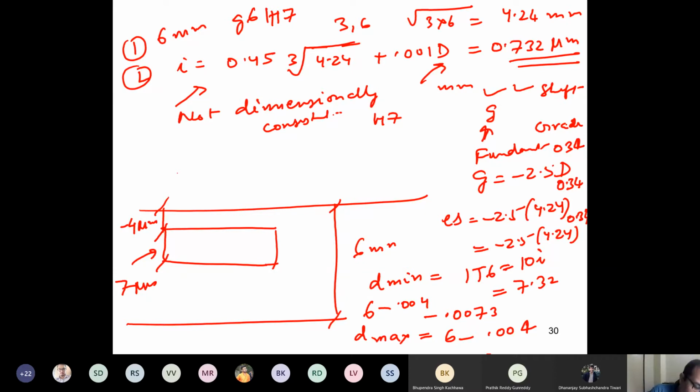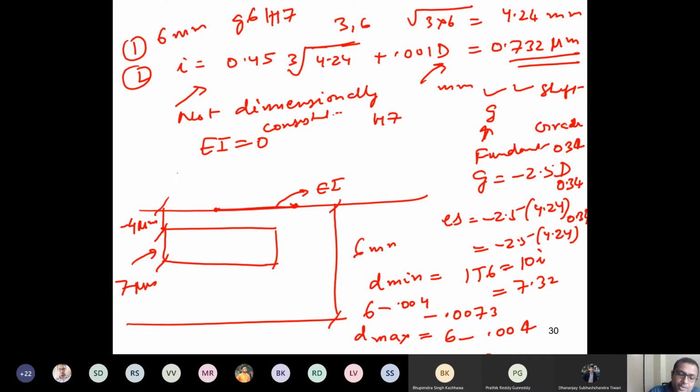So capital EI is equal to 0, which basically means it will just start right from here. So this is my EI.